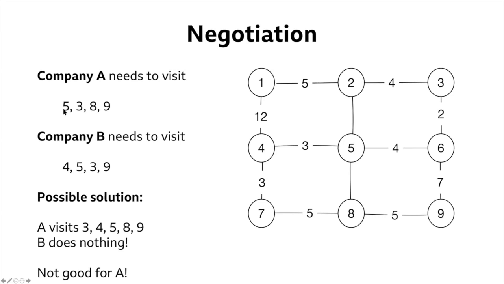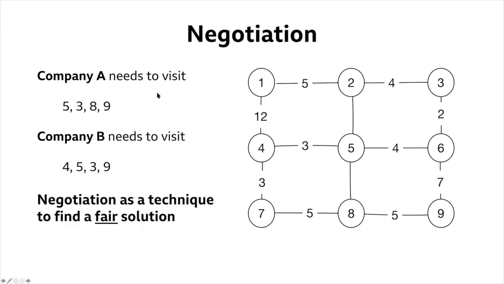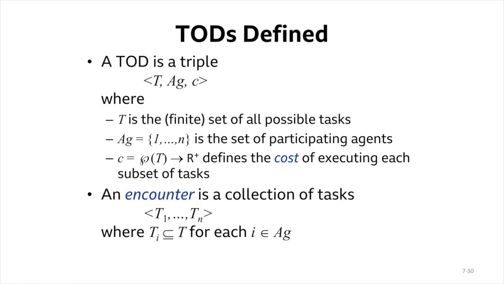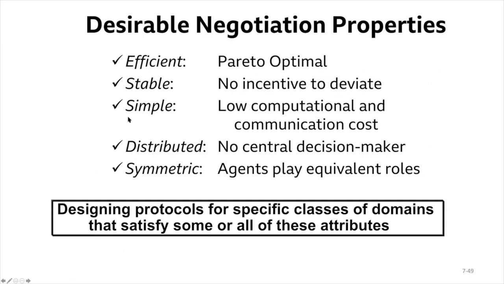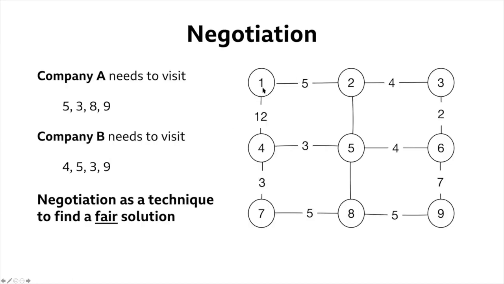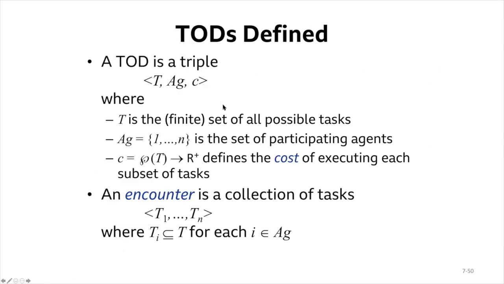Here, the tasks are visit location 5, visit 3, visit 8, and visit 9. The particular characteristics of a task-oriented domain are defined by, firstly, a finite set of possible tasks. In this scenario, the possible tasks correspond to each of the locations that you might have to visit, so you've got 9 possible tasks that you might have to carry out.